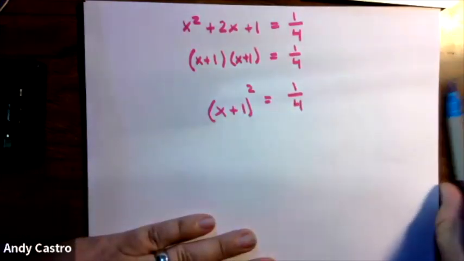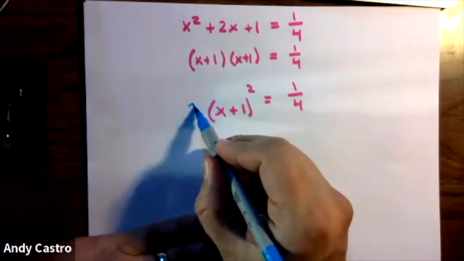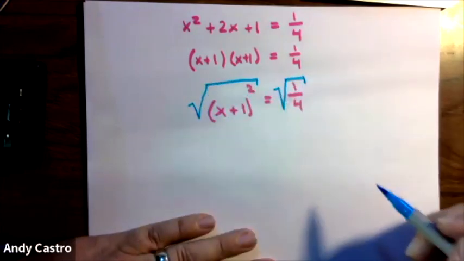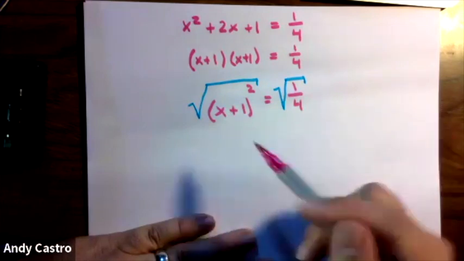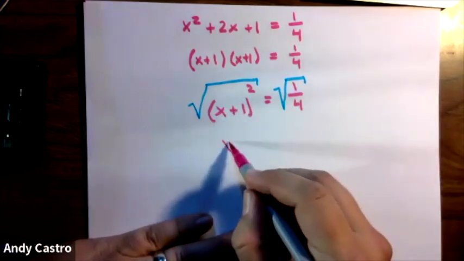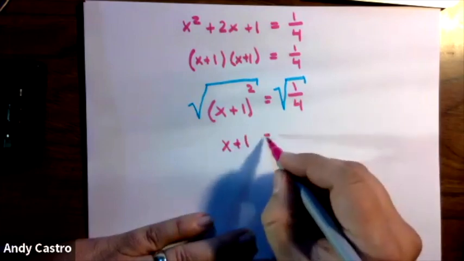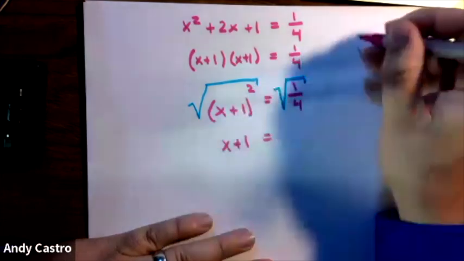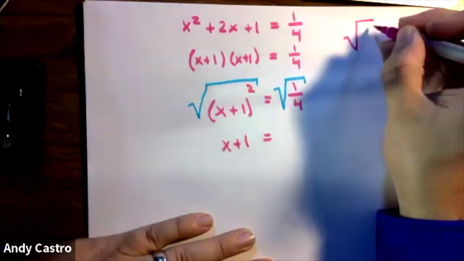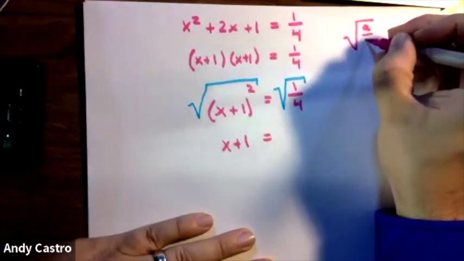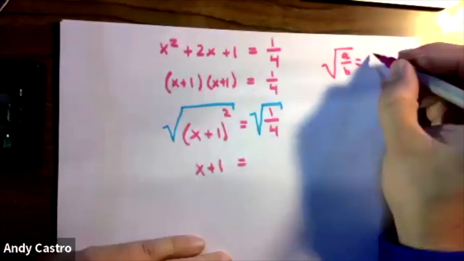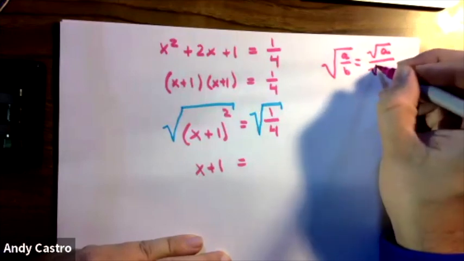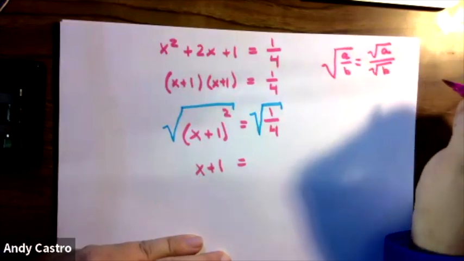Now I'm going to take the square root of both sides. The square root of x plus 1 squared is x plus 1. And remember, if I have the square root of a fraction, a over b, that's the same thing as the square root of a over the square root of b.